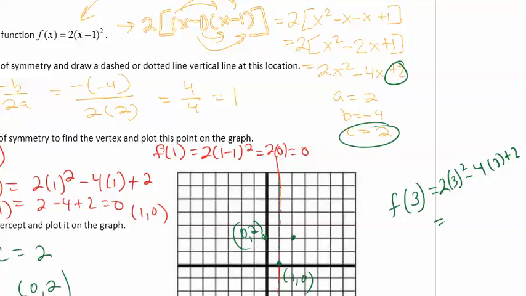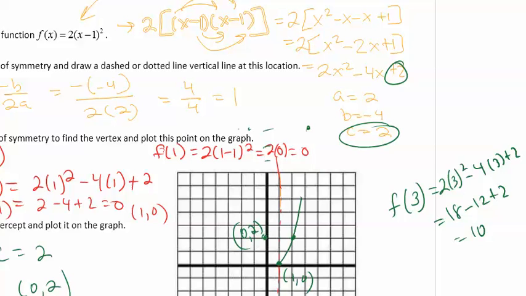That's going to be 18 minus 12 plus 2. So 18 minus 12 is 6, plus 2 is 10. At 3, 10, which is way up off my graph. 1, 2, 3, 4, 5, 6, 7, 8, 9, 10. So that would be way up here.